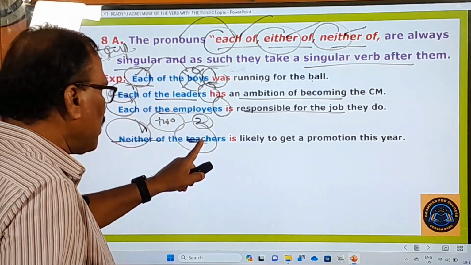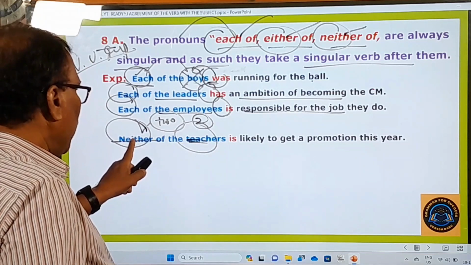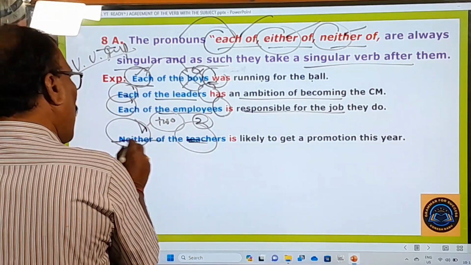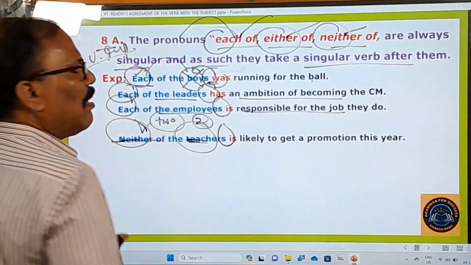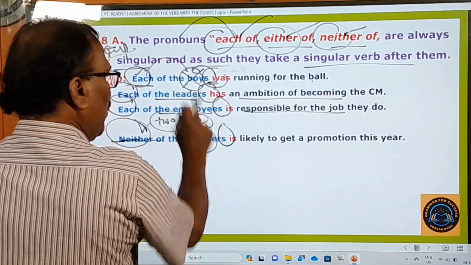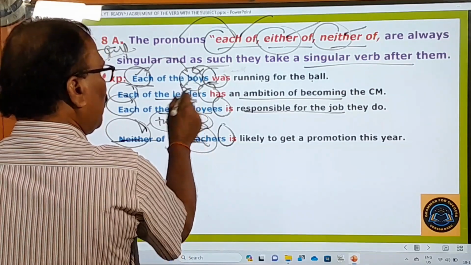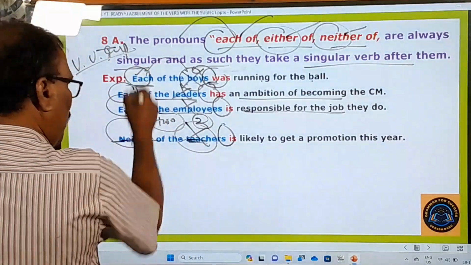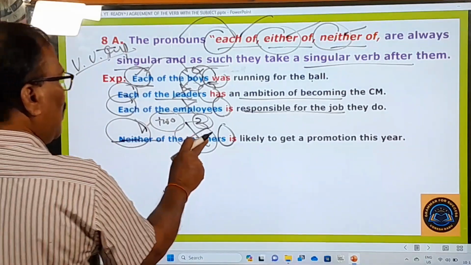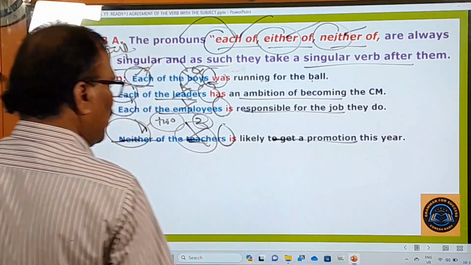Out of these two teachers, it is mentioning only one teacher, and that's why this neither is a singular subject, and according to this you have to use the helping verb or main verb. Not according to these nouns, please remember, but only according to the subject. This is the real subject. So neither of the teachers is likely to get a promotion this year, right?